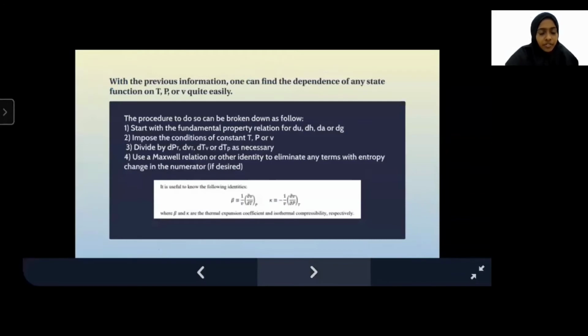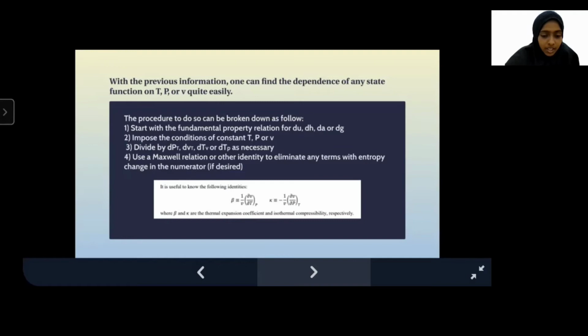Previously my teammates already shared the fundamental property relations and also the Maxwell relations. So now we are going to find the dependence of T, P, and V on any state function. The first thing is that we need to start with the fundamental property relation, depending on what the question gives us.